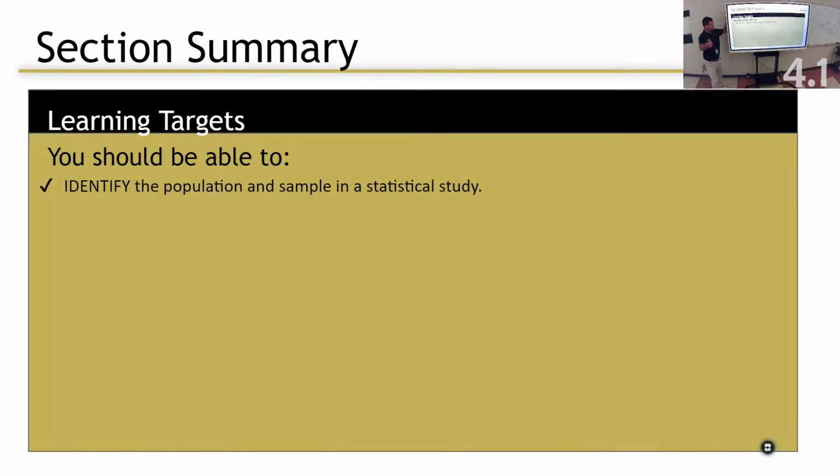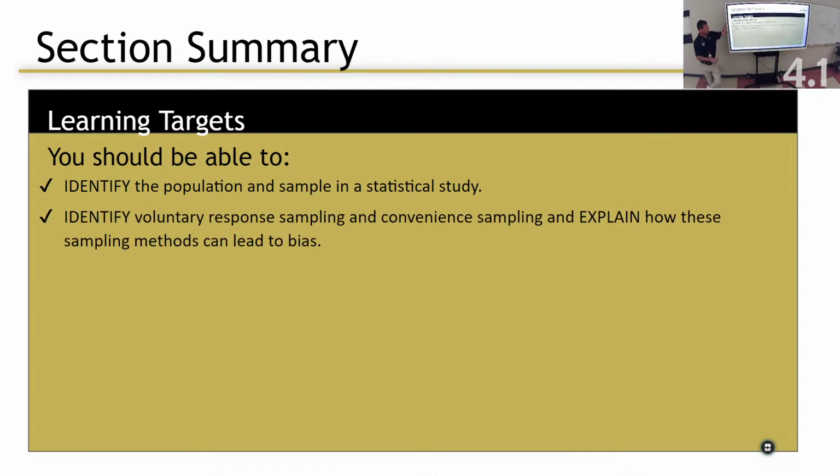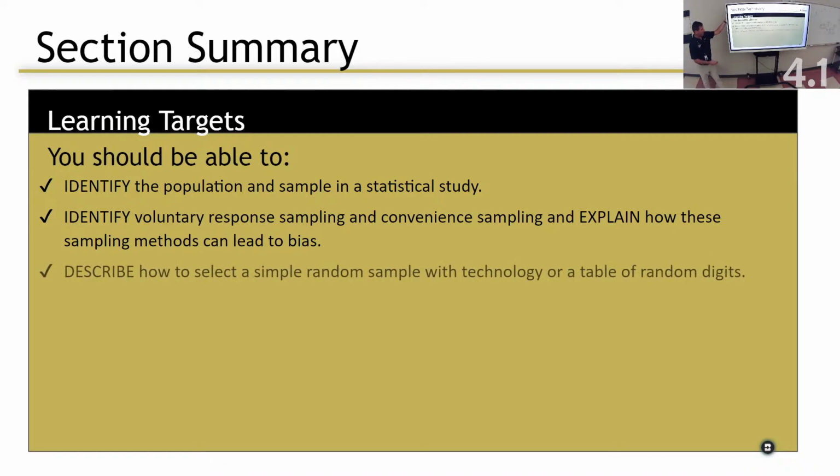I hope that you can identify the population and the sample pretty easy in a statistical study. I hope you can identify voluntary response and convenience sampling, and explain how these can lead to bias. I hope you can describe how to select an SRS with technology or a table of random digits.